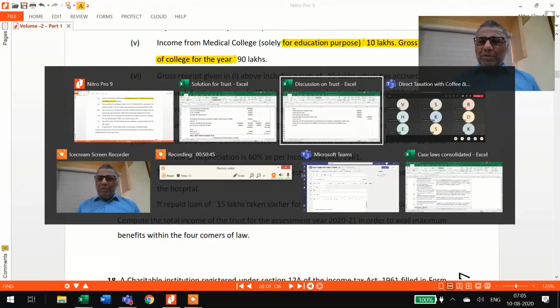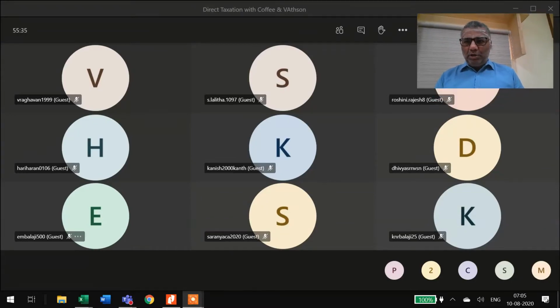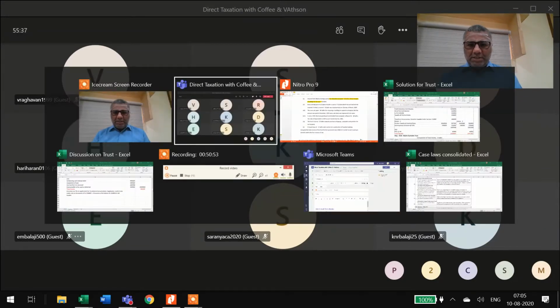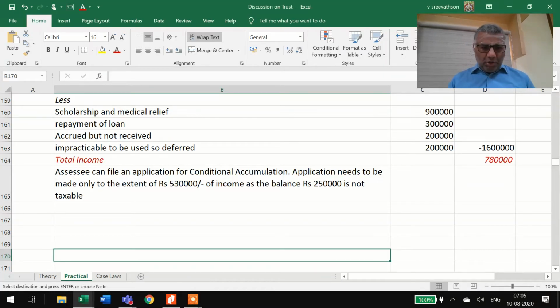And also compute the tax to get more clarity. In one of the years' examinations, they asked for the tax also in the same question. So also compute the tax.